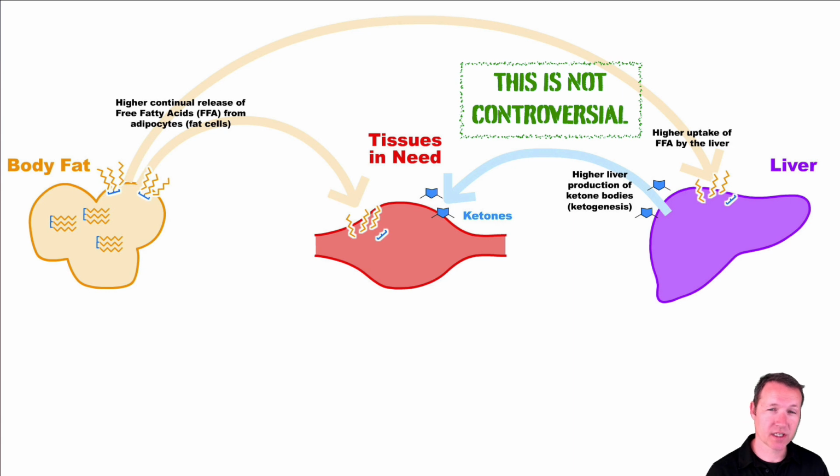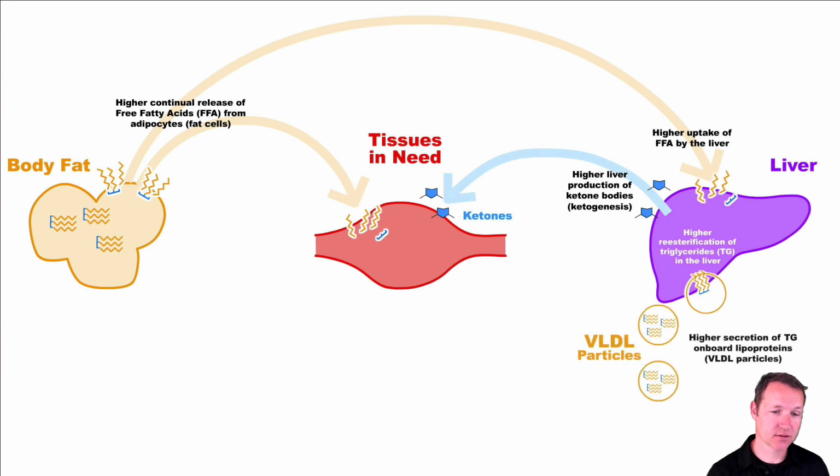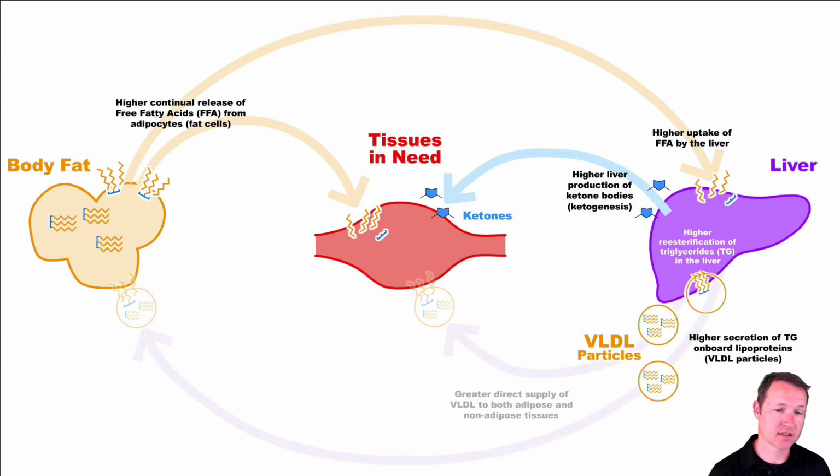It gets a little bit trickier next, though, because what we also propose is that a great deal of these fatty acids, they're being reesterified into triglycerides in the liver. And there's now a higher secretion of these triglycerides on board lipoproteins, particularly VLDL particles.